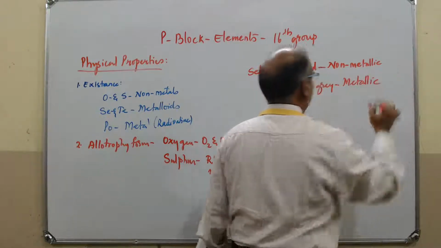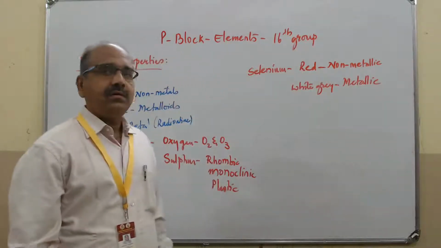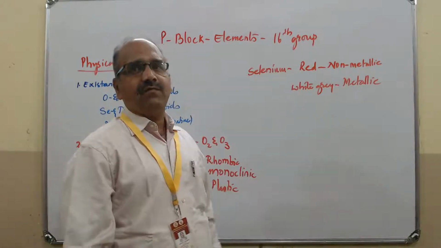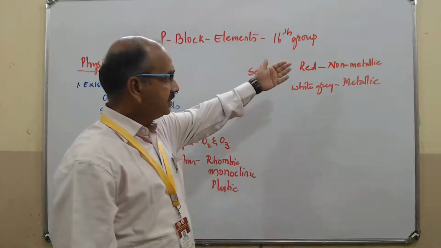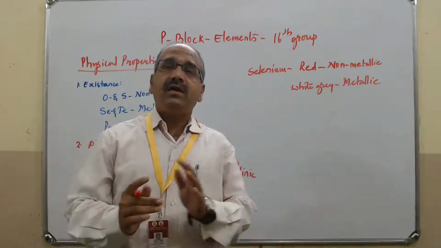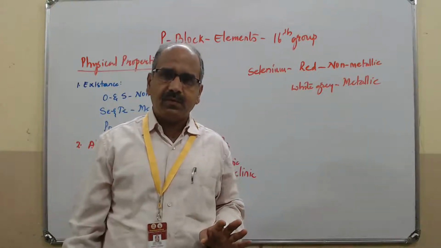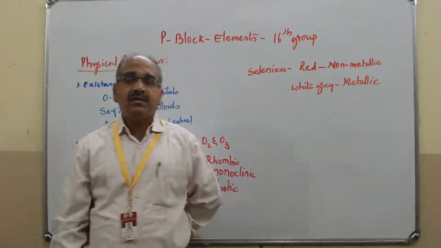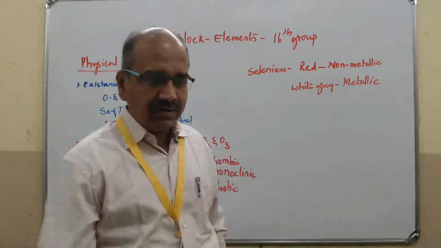So you can see the same element existing in two different allotropic forms, one non-metallic and the other metallic. Their uses may be different. When you extract it and use it for some purpose, the uses will definitely be different.